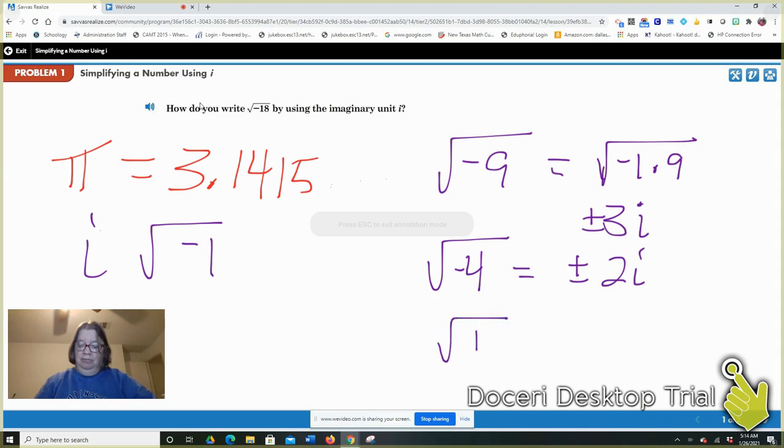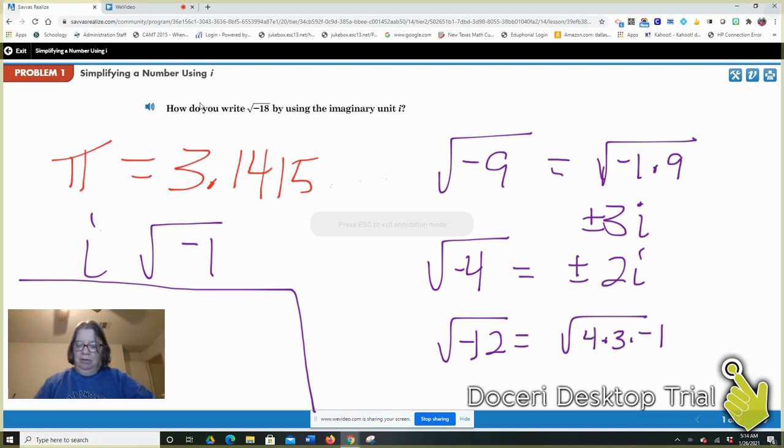The square root of negative 12 would be the square root of 4 times 3 times negative 1. So it would be 2i times the square root of 3. So that's how we simplify with a negative under the square root.